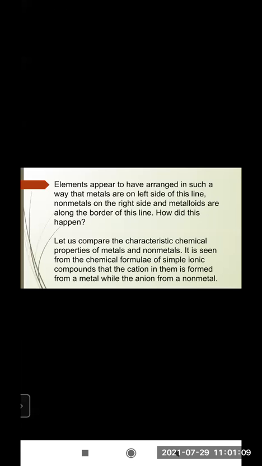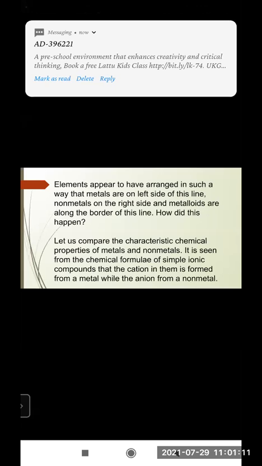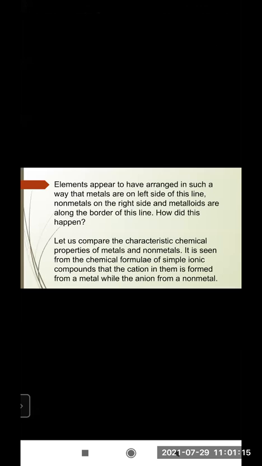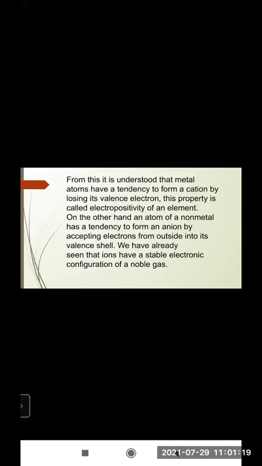So from this, it is understood that metal atoms have a tendency to form a cation by losing their valence electron, and this property is called electropositivity of an element. You can underline this if you have the textbook with you.